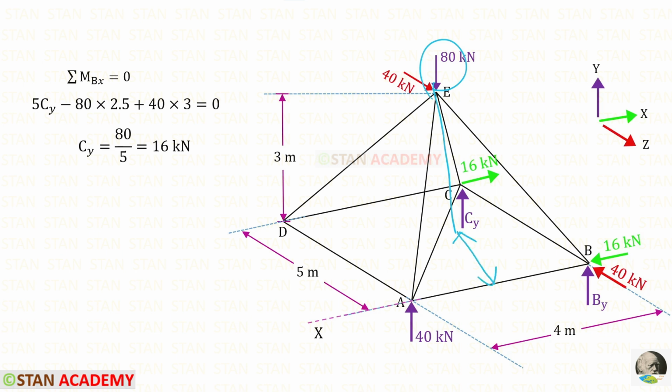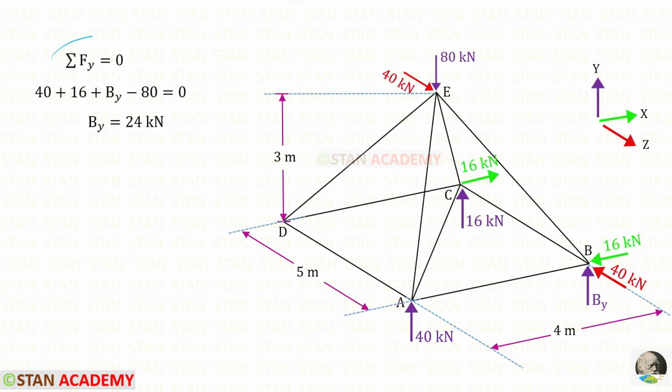We know that the total distance is 5, but we need the half distance, which is 5 by 2, so it will be 2.5. This load is acting in the clockwise direction, so it will be positive. For this load, about this line, the perpendicular distance is the height, which is 3 meter. For Cy, we will get 16 kilonewton. Let us apply this rule and find By.